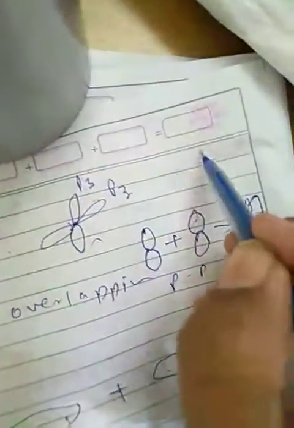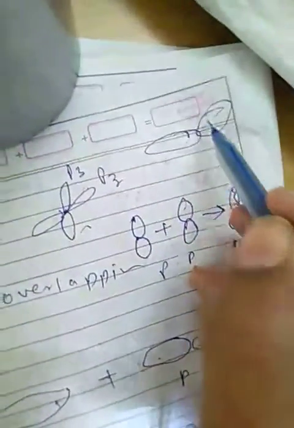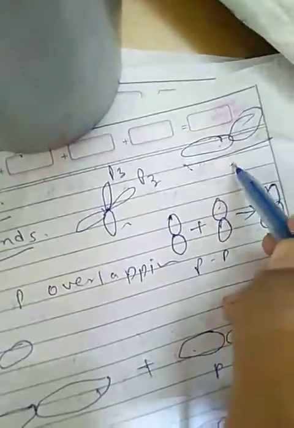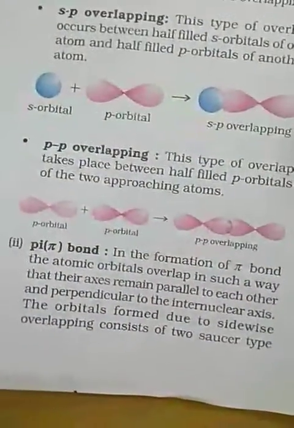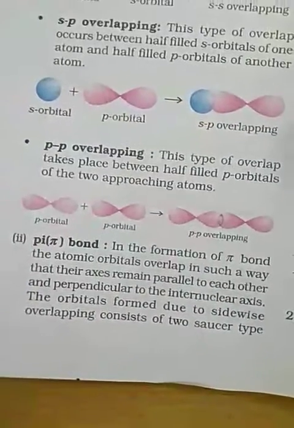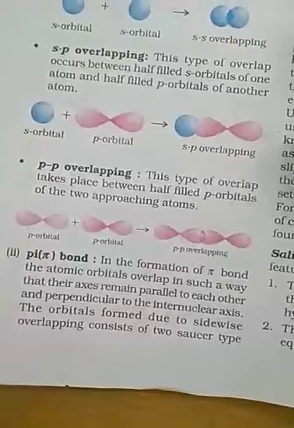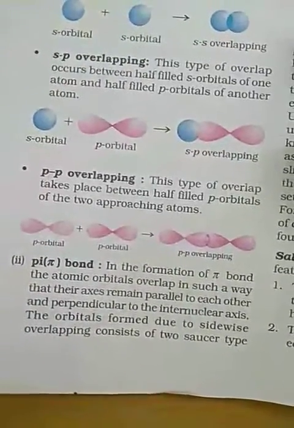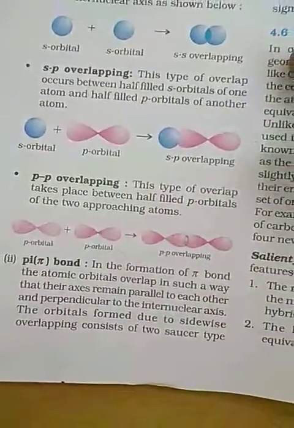And for another one you can show like that. You will understand more in hybridization. So in the formation of pi bond, the atomic orbitals overlap in such a way that their axes remain parallel to each other. The orbitals are formed due to sidewise overlapping.